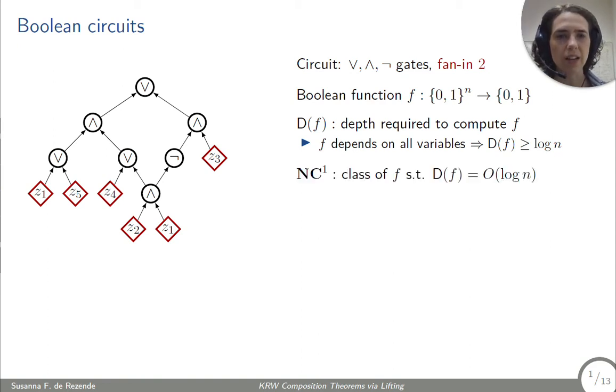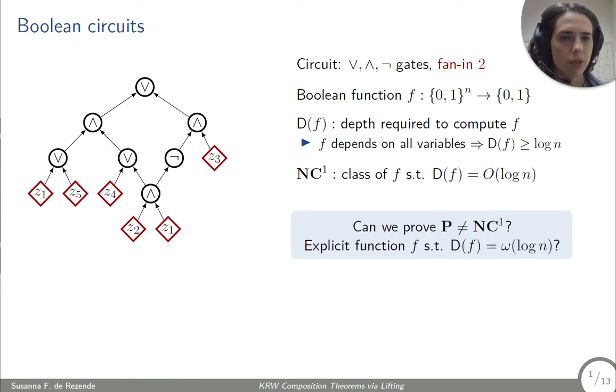So this class of functions is denoted by NC1. And an open problem in complexity theory is, does this class contain all functions that can be computed in polynomial time? Is P equal to NC1? Or can we show some explicit function that requires depth at least little omega of log n?